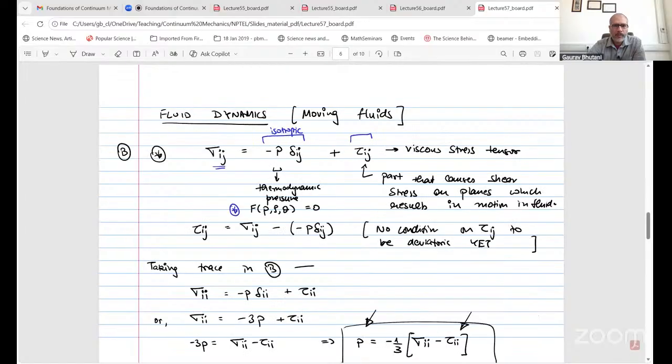Now for moving fluids in fluid dynamics, we split sigma into an isotropic and a viscous stress part. The isotropic part is the part which includes the thermodynamic pressure, and the viscous stress part is the remaining part, which we'll see later comes out to be the deviatoric part, but that's after the application of the Stokes hypothesis.